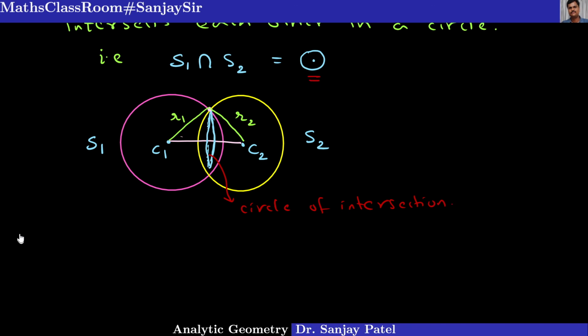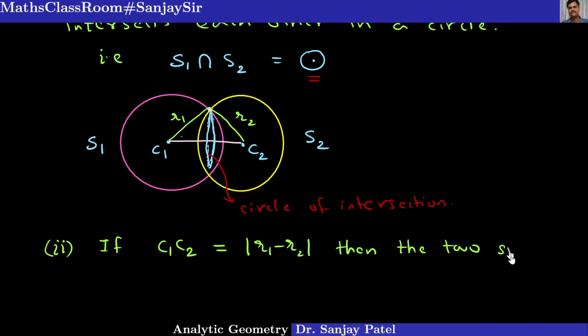Now let us go to the next subcase. So number 2, if C1C2 is less than R1 plus R2 and if C1C2 is exactly equal to mod of R1 minus R2, then in this case the two spheres are touching each other.